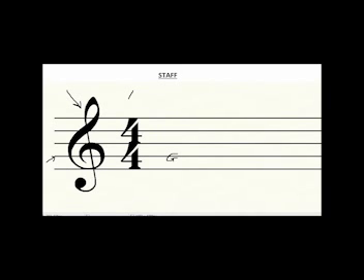A. So we have A, B, C, D, E, F, and then G. Then A, B, C, D, E, F, G, A. So it goes like that.